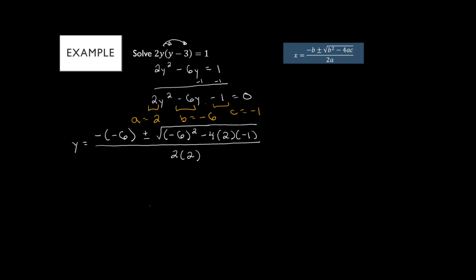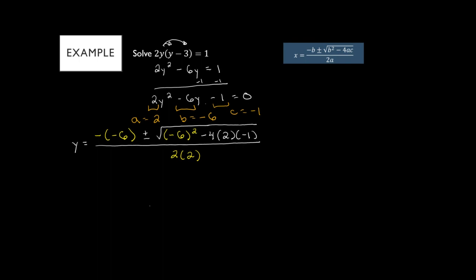What I usually do in this step is the negative times negative 6, because those two negatives cancel out and become positive. Then I do the exponent part, squaring the negative 6, and I'm also going to do the multiplication of the denominator. I could do each of these in its own step, but because it's already a long process, I try to do as few steps as possible.